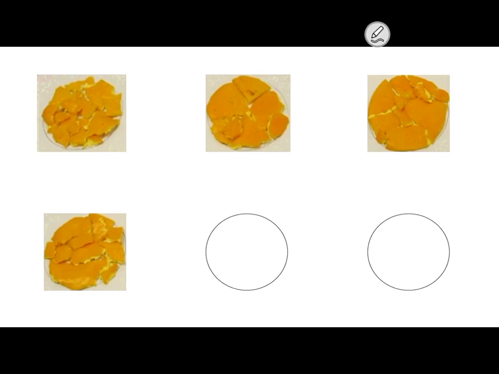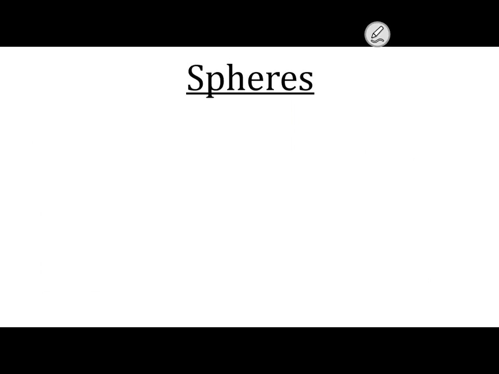I have 4 circles. So what do you guys think is the surface area of a sphere? Remember, the area of a circle is radius squared times pi.